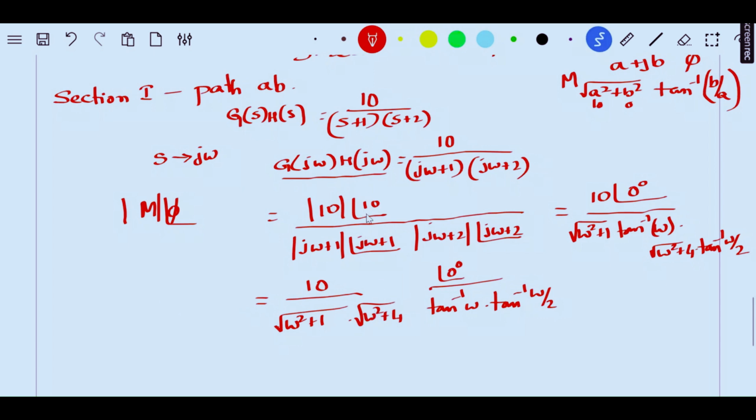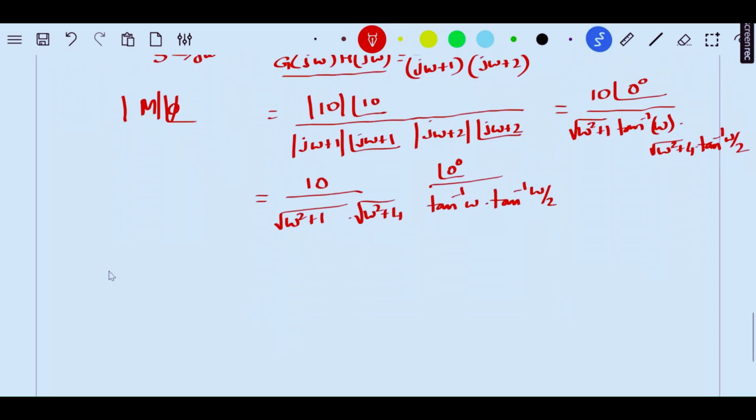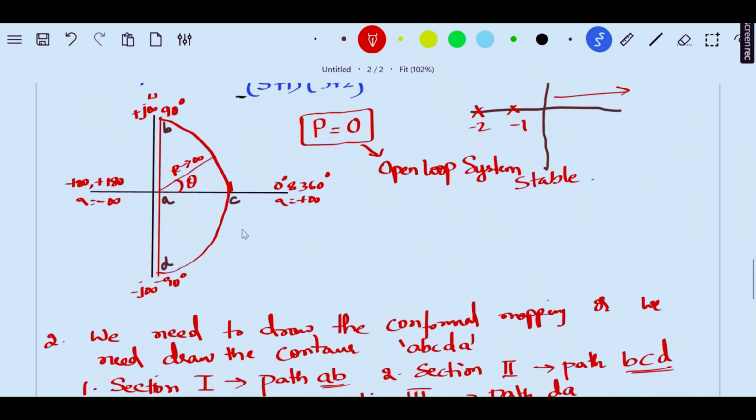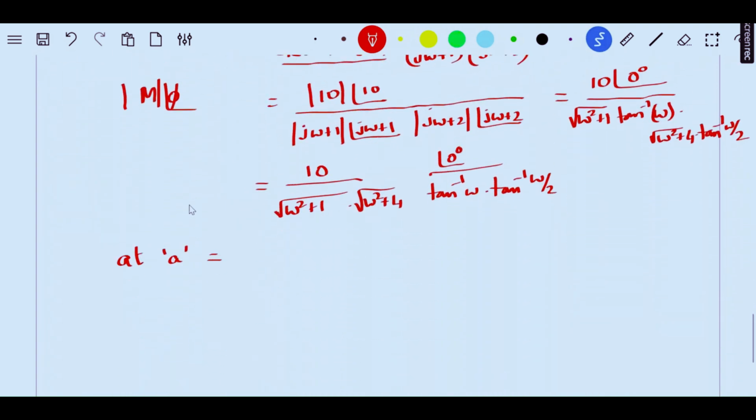Now, as we are tracing the path AB, at point A, if you go back to the contour diagram, at B omega is infinity, but at A the omega value is 0, and the angle is also 0. So at A, omega equals 0; at B, omega equals infinity.